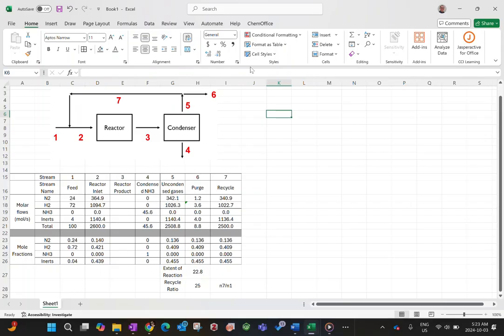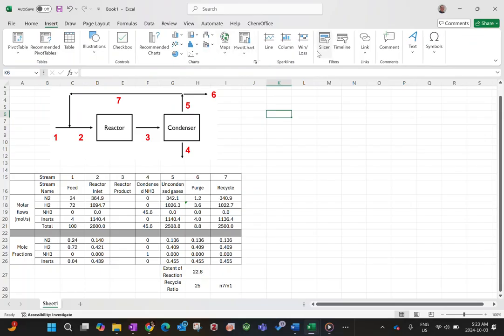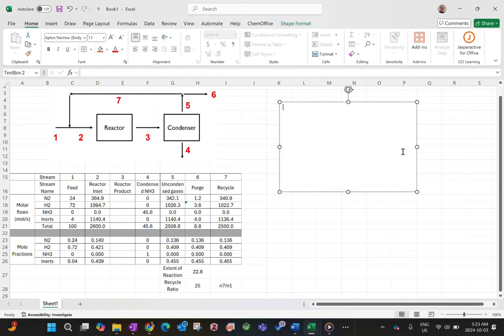I'm going to insert a text box. Okay, so for a typical reaction, we have n sub i is equal to n sub i 0, like the initial one, plus the stoichiometric coefficient times the extended reaction, right? So I'm just going to do that for every single thing.